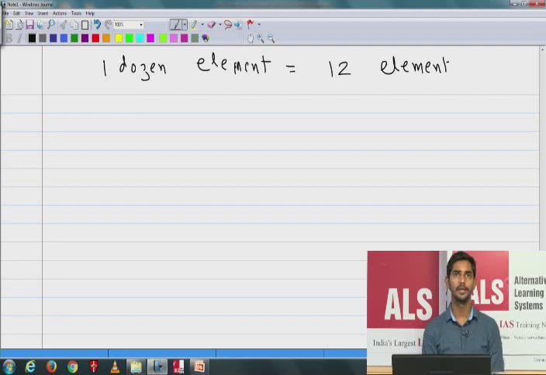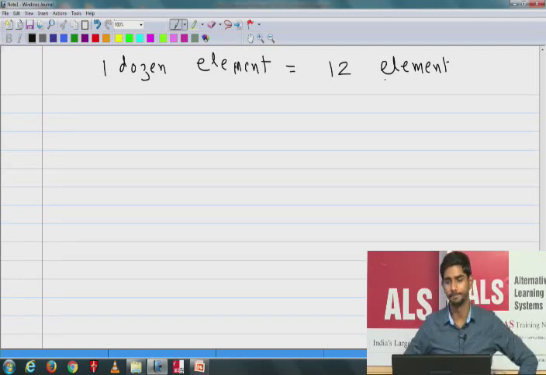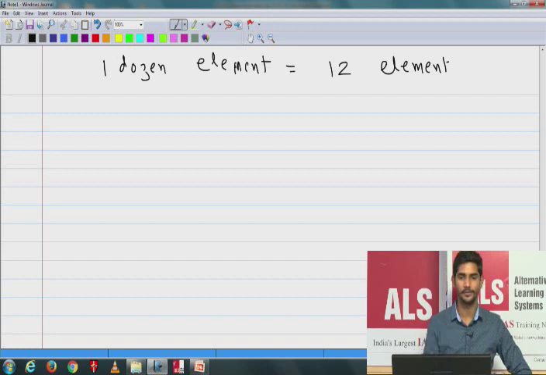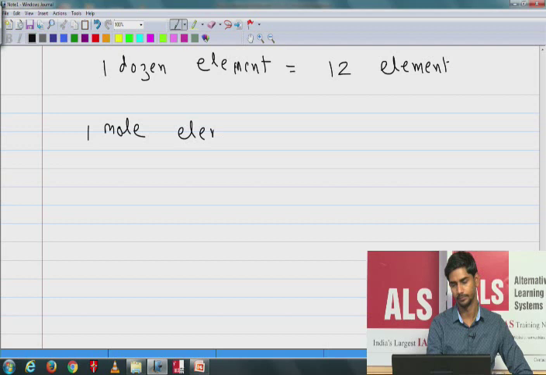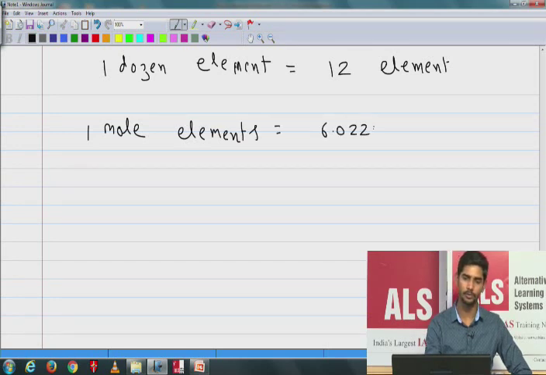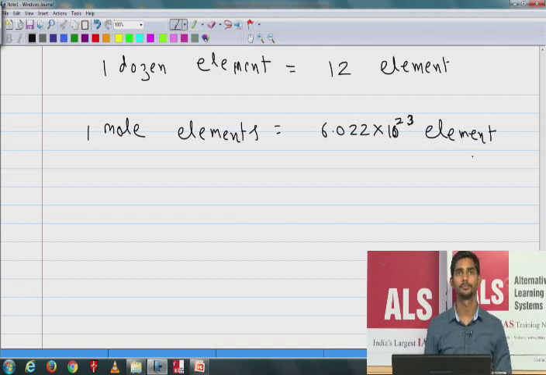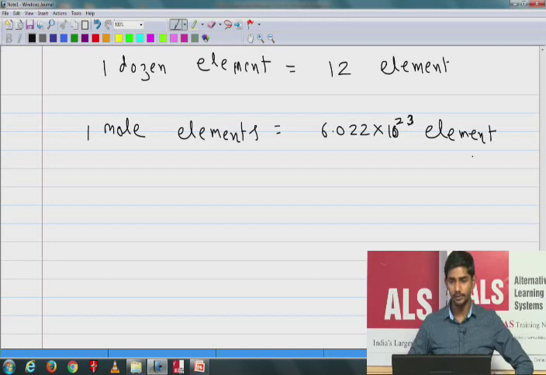If I say 1 dozen elements, it means that it has 12 elements. Okay, that's fine. If I say 1 mole elements, then can I say it is 6.022 into 10 to the power 23 elements? Is it true?